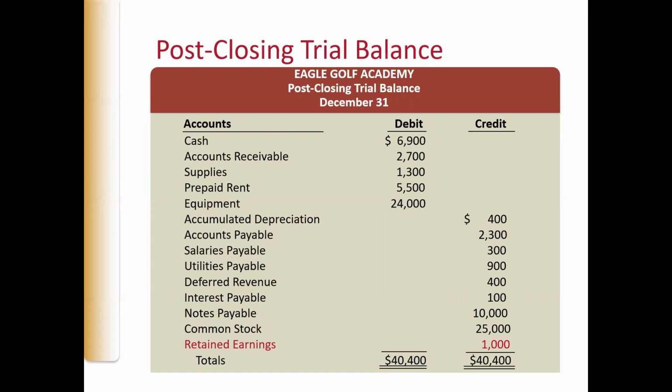Do you see that there's no revenues, no expenses, no dividends? Why? Because they all were zeroed out and they all went into retained earnings. So know that a post-closing trial balance will never have any temporary accounts shown because they're closed out.